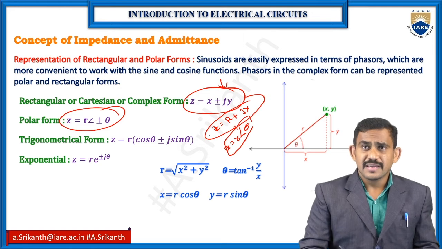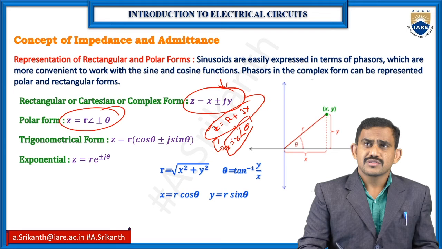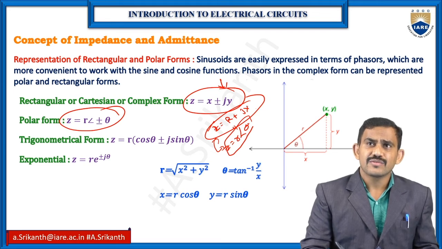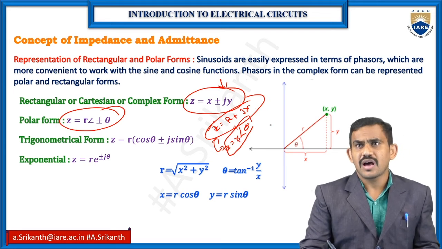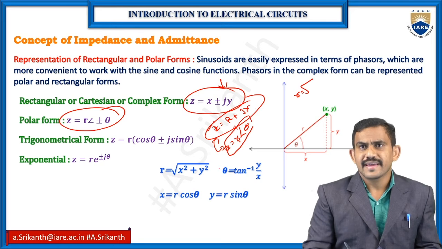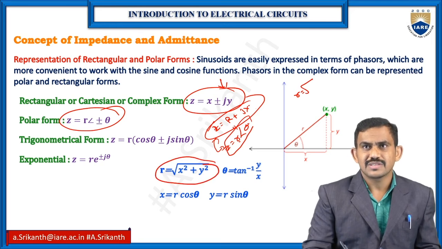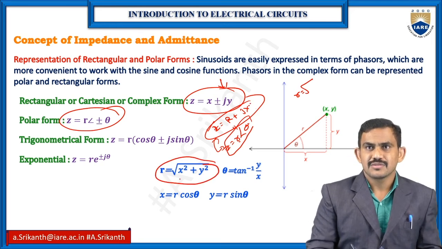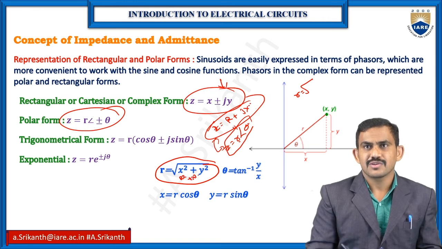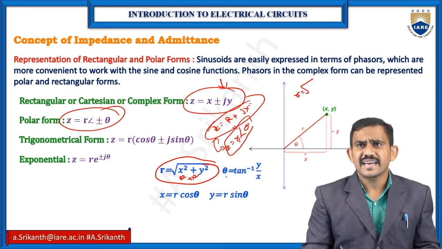So we need to convert rectangular to polar. Suppose I have r and x values, then r equal to root of r square plus x square, and theta is tan inverse of x by r.